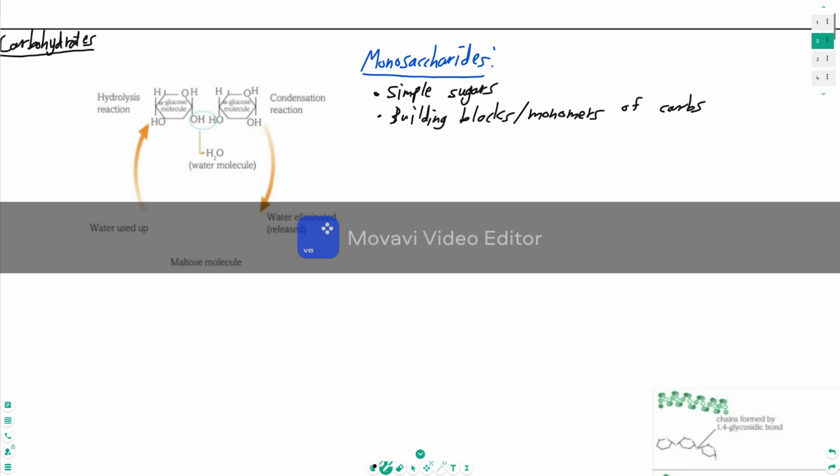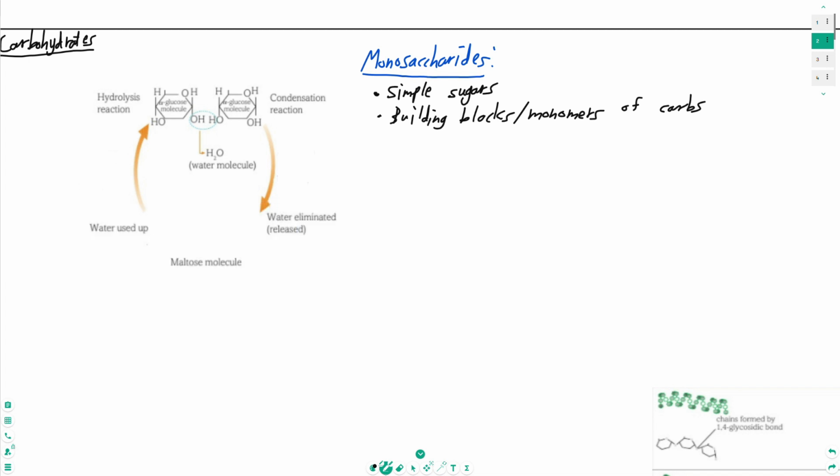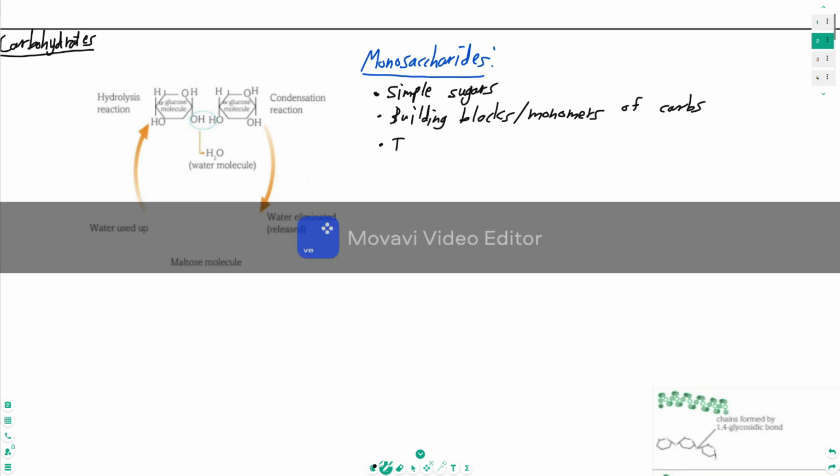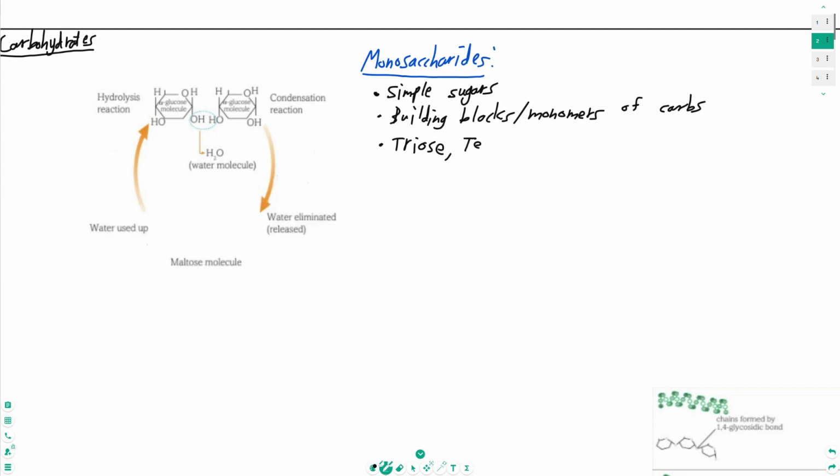And there are different types of monosaccharides that you need to be aware of. So there's 3 main classes, well 4 main classes really. We have triose sugars, which is a carbohydrate with 3 carbons. We have tetrose, which is a carbohydrate with 4 carbons.